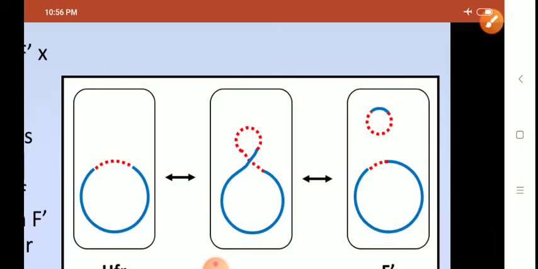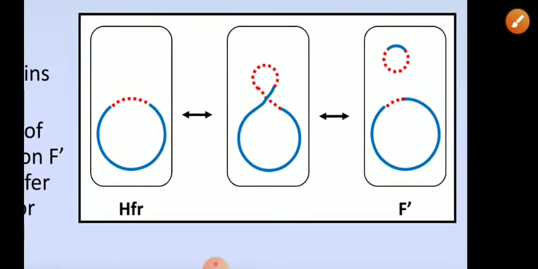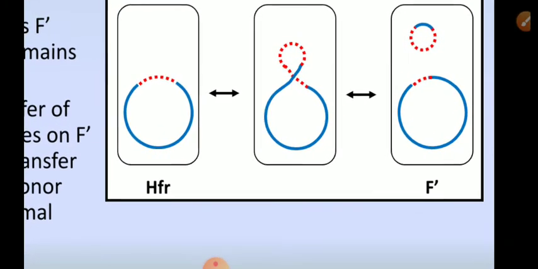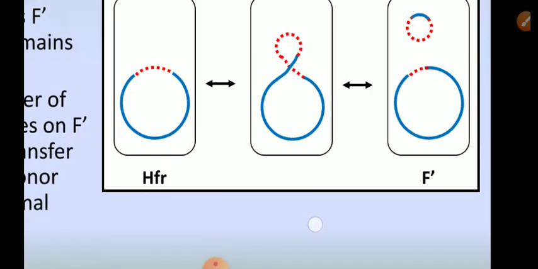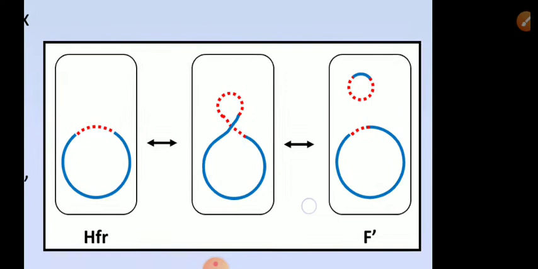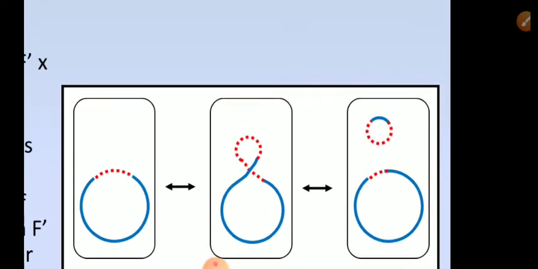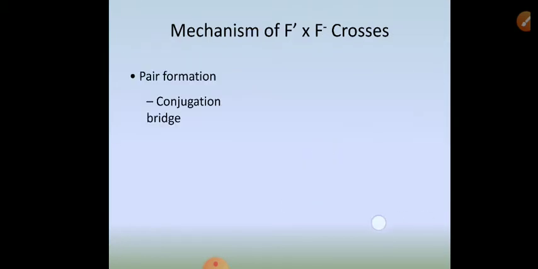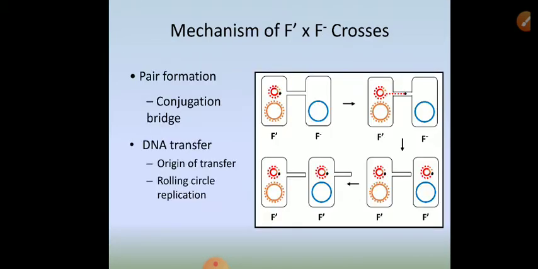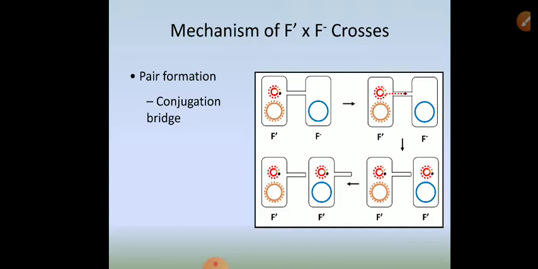Such a cell in which the F factor is having some genes from chromosomal genes is called an F prime cell. It is a derivative of HFR cell, and it can also serve as a donor cell. Okay. As usual, F prime cell also crosses with F minus cell.